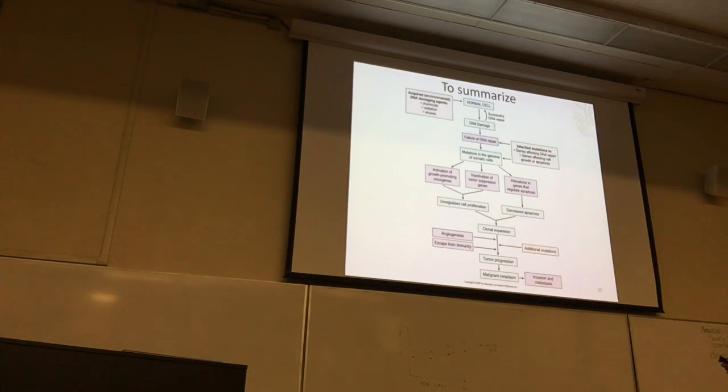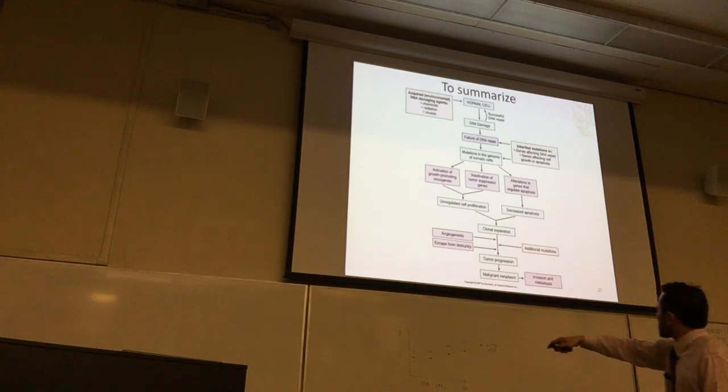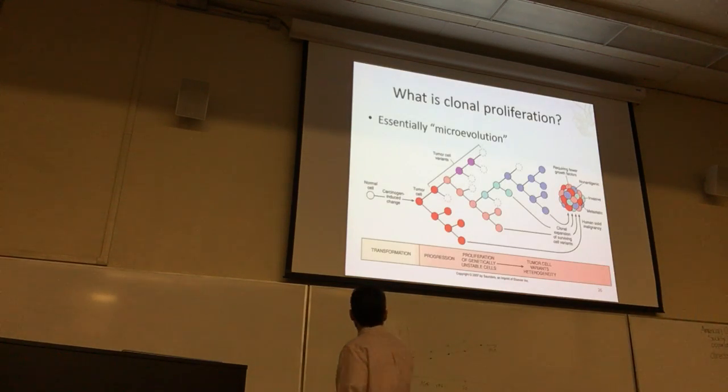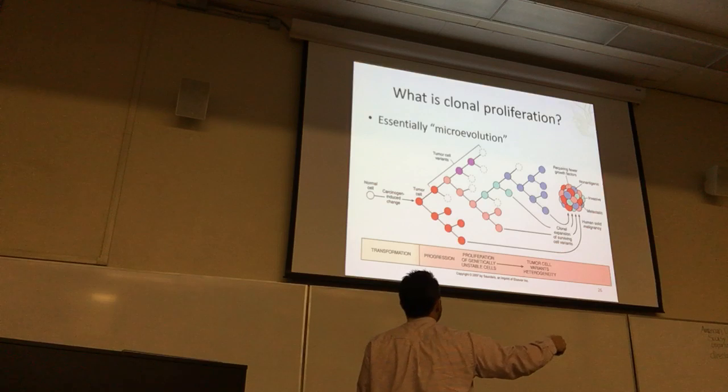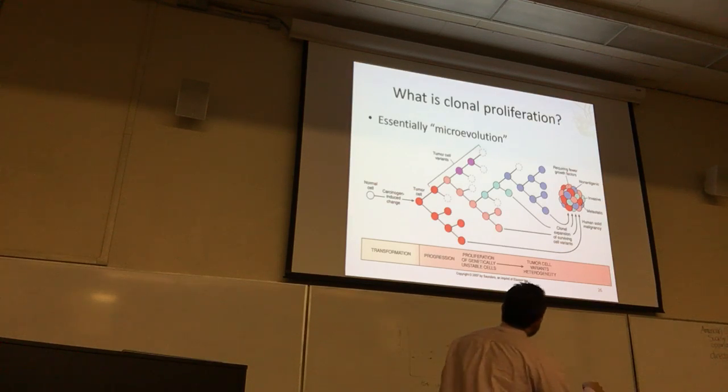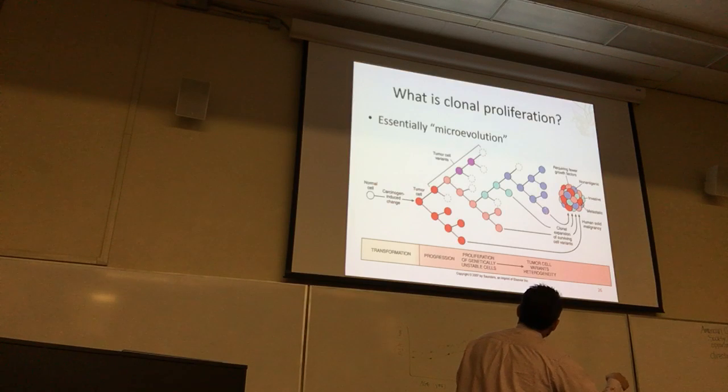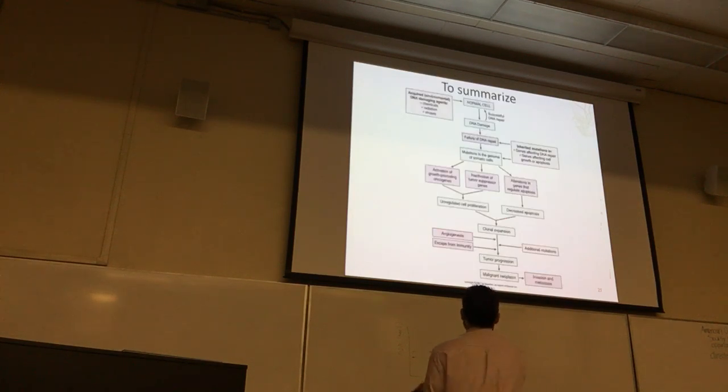You go through clonal expansion, which is the picture we just came from. This is clonal expansion or clonal proliferation, going from one characteristic, the metastatic, to multiple characteristics. So now you clonally expand.